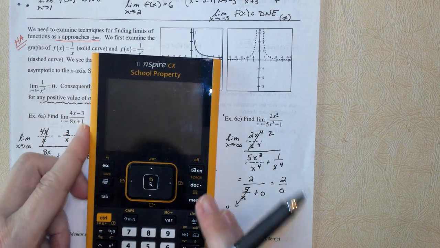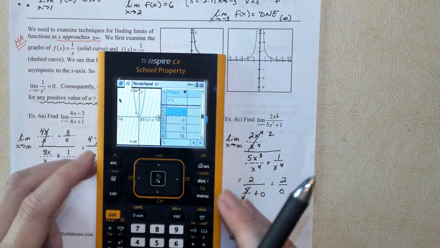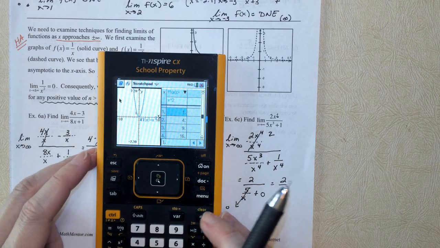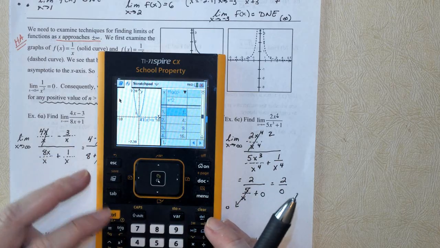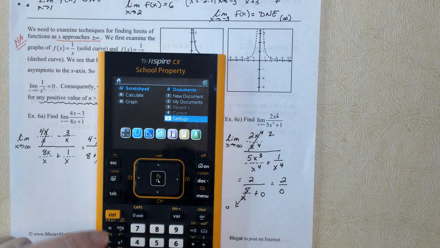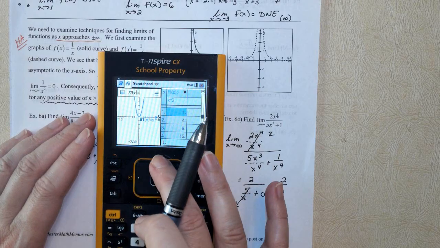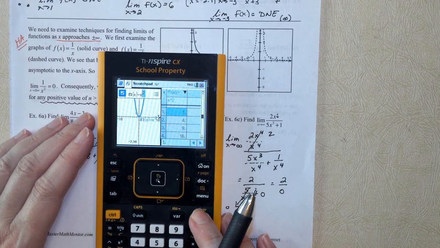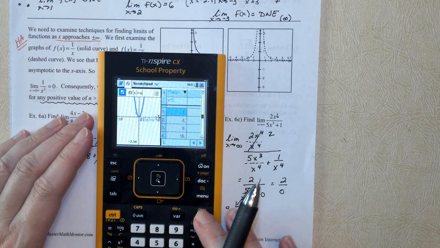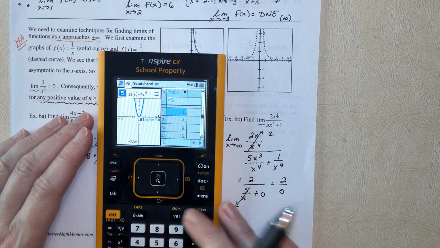Let me graph this really quick so you can see. Sometimes I'm not always too good in this thing. Let's escape, not what I wanted. I guess I'll just do tab up. I'm going to clear this out, and I'm going to do 2x to the fourth.